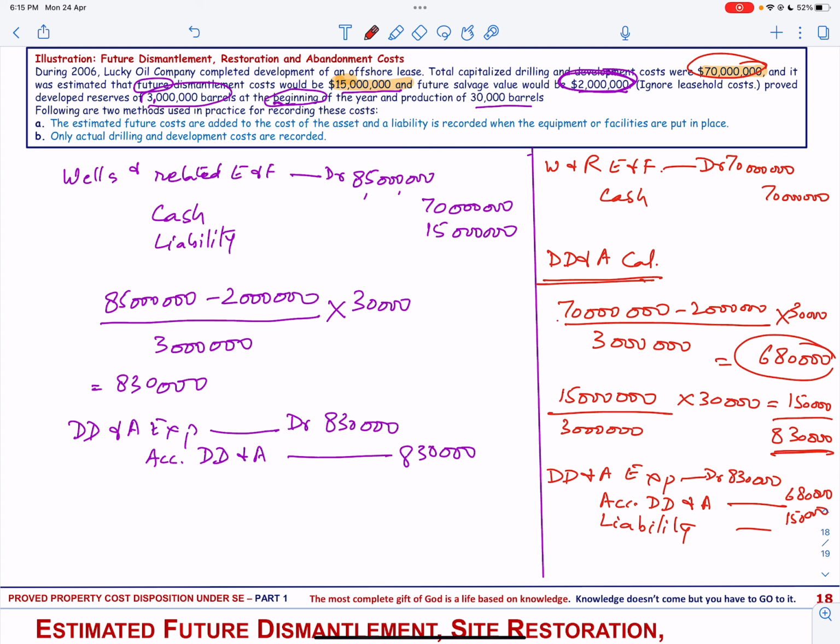You can note that total DD&A amounts are the same regardless of which method we adopt, 830 and 830.